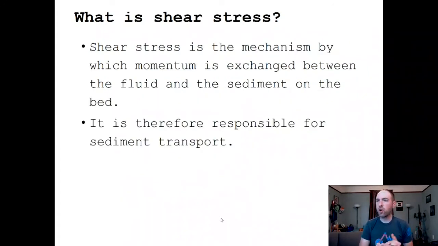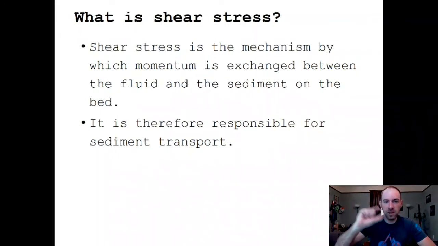Shear stress is the term that we use to describe how momentum is exchanged between the fluid and the bed. Okay, so it's an equivalent but not exactly the same term as momentum. So if you've taken a physics course, stress is the term that we use to imply the amount of momentum that is exchanged at that interface between the sediment and the fluid.